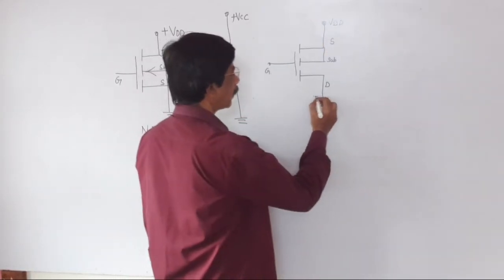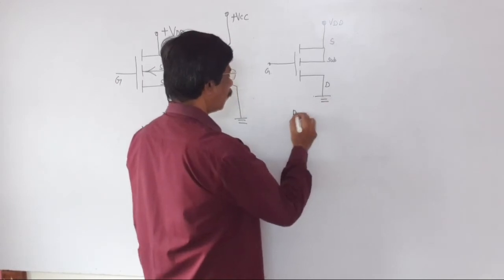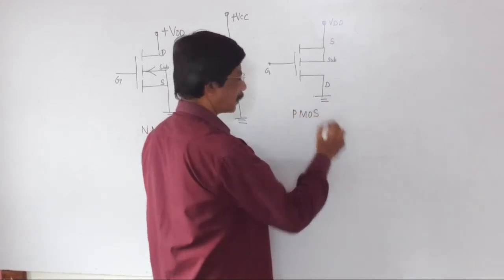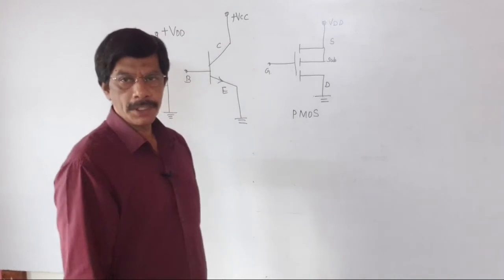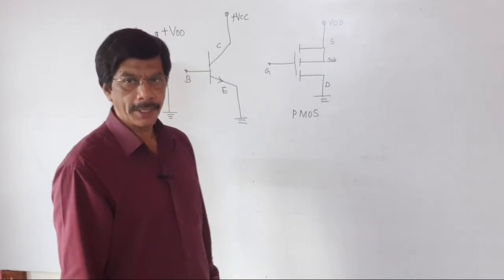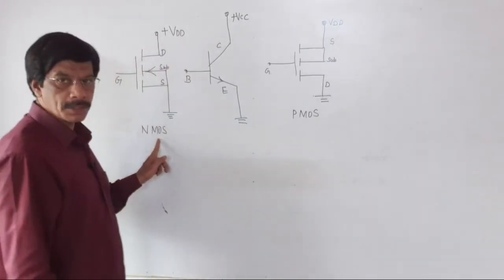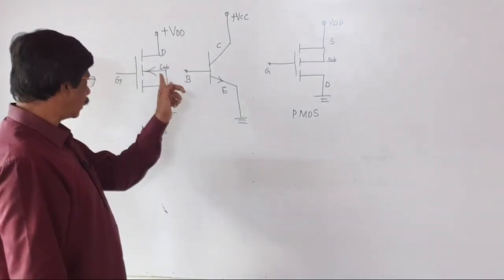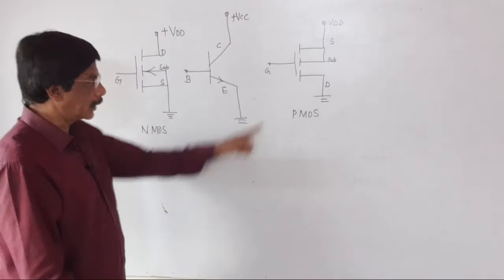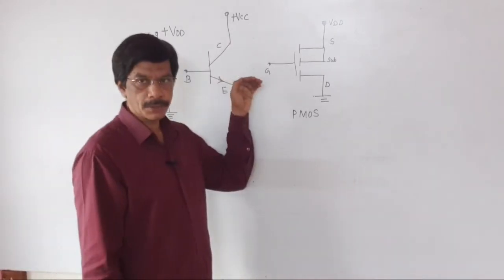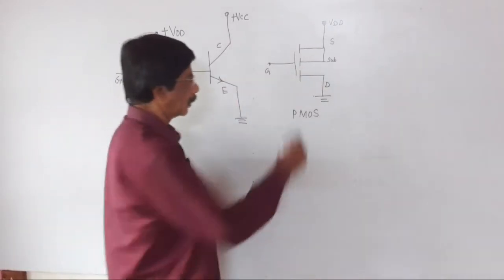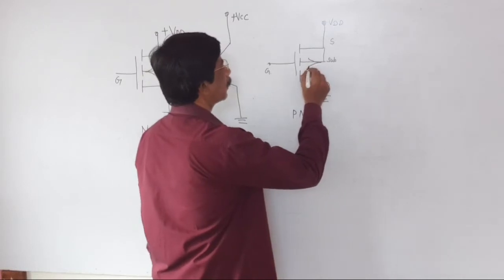The drain terminal is grounded here. This is the PMOS transistor. What is the direction of the arrow? The direction of the arrow is quite opposite to NMOS. In the case of NMOS, the arrow is moving towards the gate. In the case of PMOS, the arrow is moving away from the gate terminal. This is the direction.